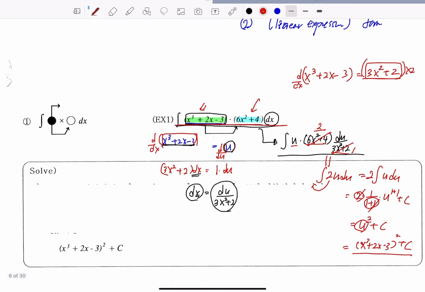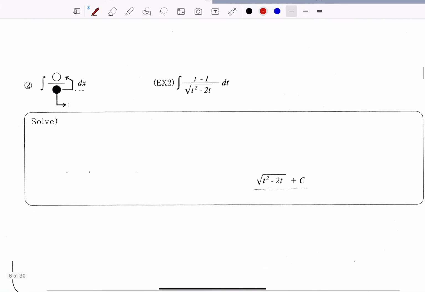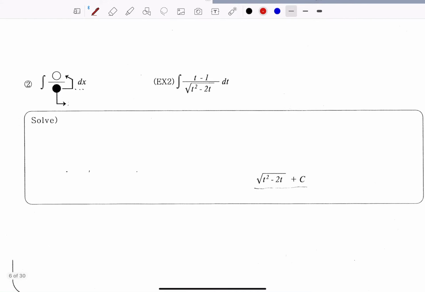Let's try one more question. The integral of t minus 1 over the square root of t squared minus 2t dt. In this question, we can also find derivative-related expressions between these two, t minus 1 and t squared minus 2t. The square root doesn't matter.